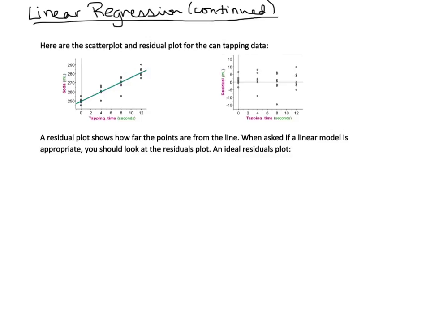So what you do with this is you can look at it and see if you have an appropriate linear model. Ideally, you are going to have completely random scatter and no major pattern in the residual plot.